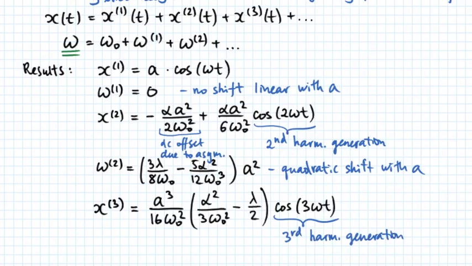Obviously, as we go to higher and higher orders, these additional effects go as higher powers of A, meaning that they become less significant with smaller amplitude of oscillations, and vice versa, become more significant with larger amplitudes of oscillations.